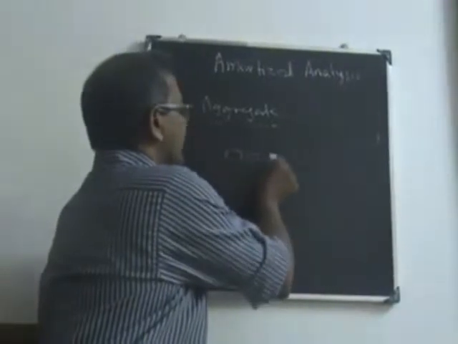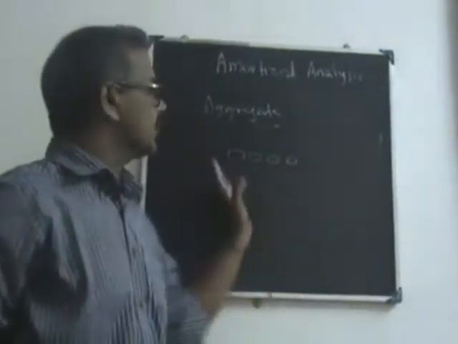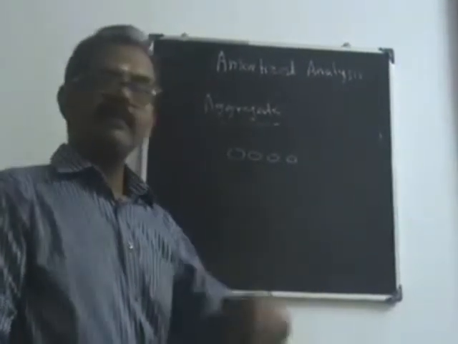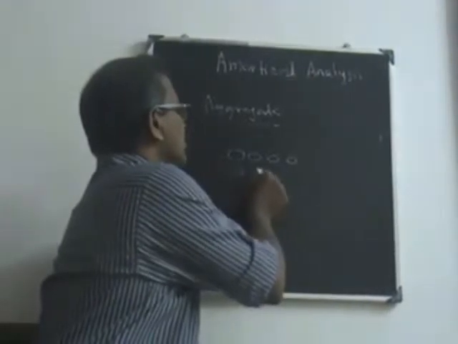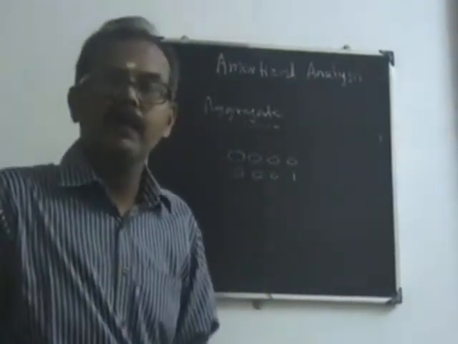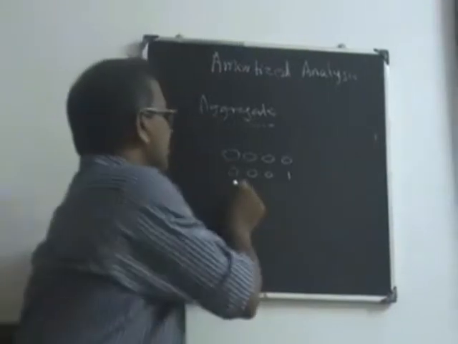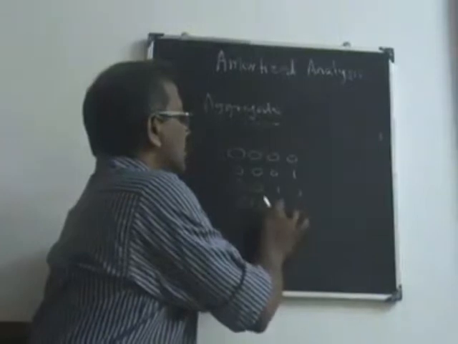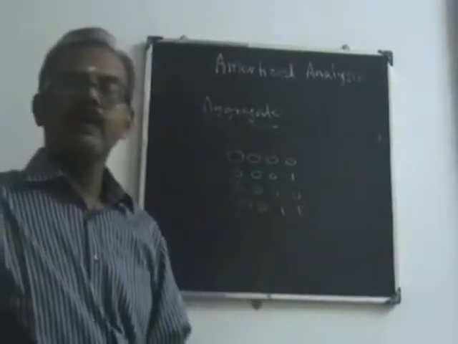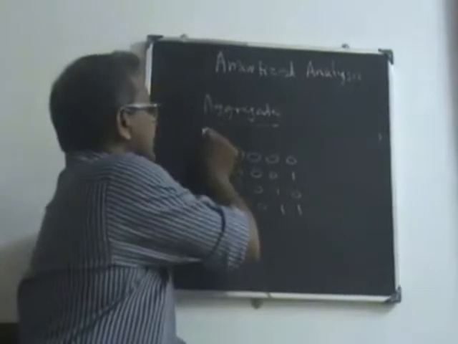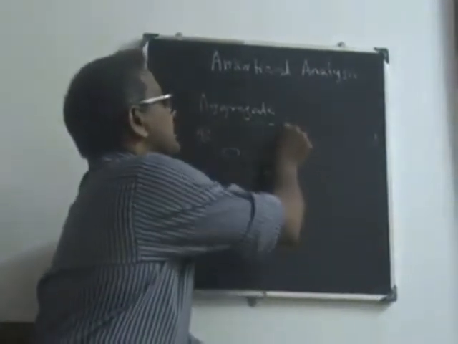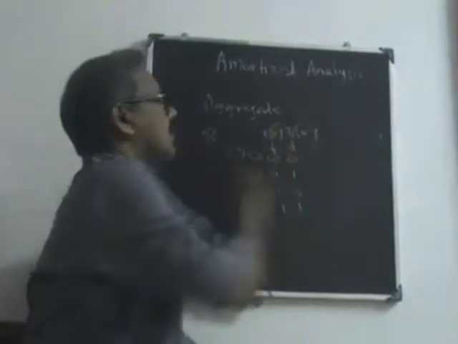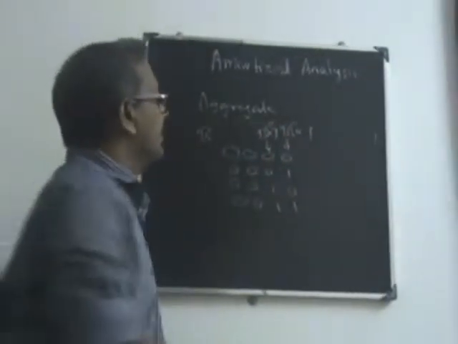We can do that in a careful manner. Initially the binary counter value will be 0, 0, 0, 0, a 4-bit counter. Next the value is 1, so it will be 0, 0, 0, 1. Then 0, 0, 1, 0. Then 0, 0, 1, 1, like that. Now if B is the binary counter, this position is B of 0 and this position is B of 1, and so on.